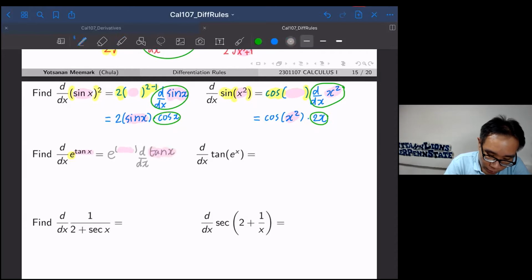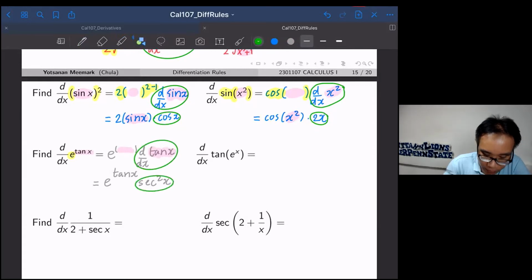So in this case, it's going to be e to the 10x, and the derivative of 10x, you would get 10. So you get 10 e to the 10x like this.